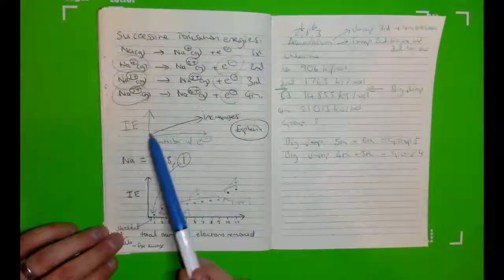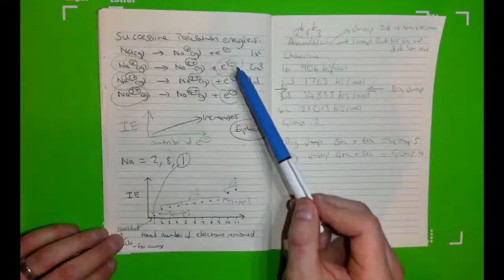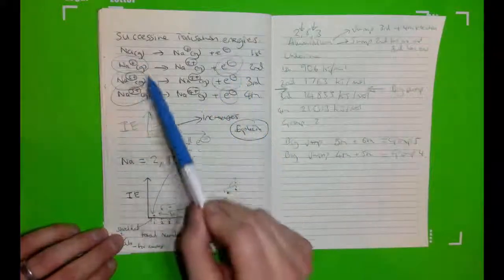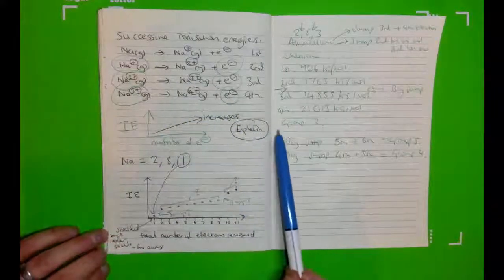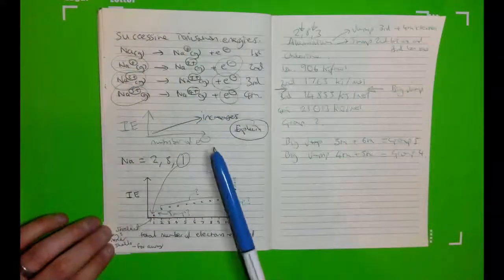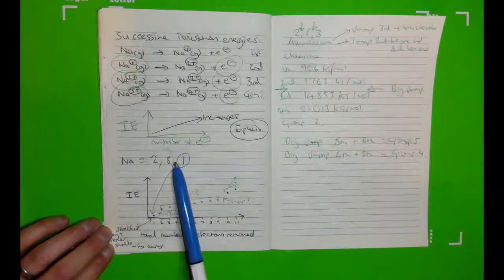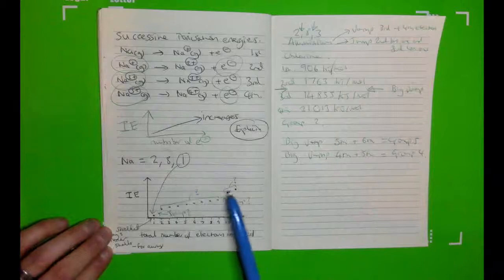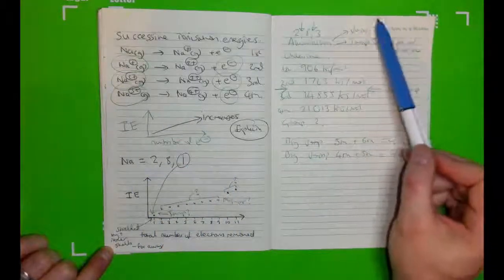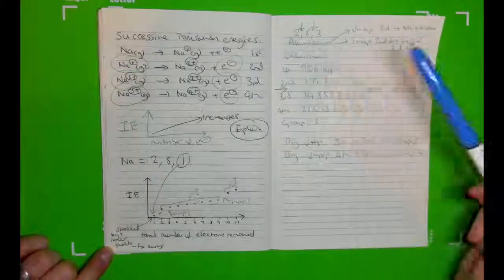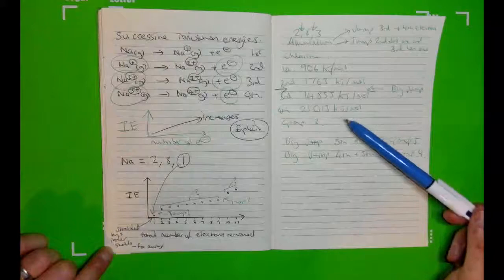You need to know why there's a general increase in successive ionisation energy, and it's to do with the fact that you remove an electron from an increasingly positive charge on the ion, and you've explained that. And then we looked in detail at the little blips between the two shells. So we did sodium, and you would have done aluminium, and you would have done chlorine, and then we looked at data to determine what group something's in as well. Okay.